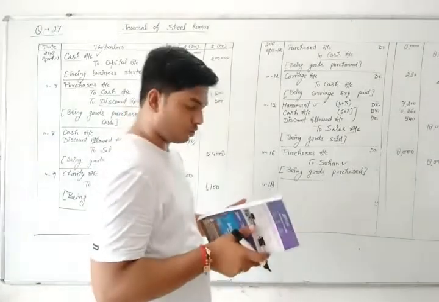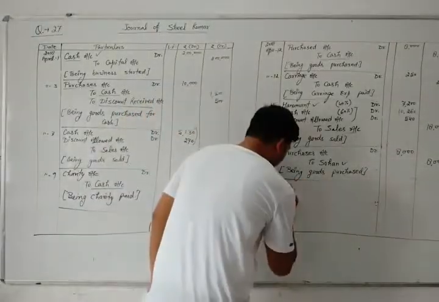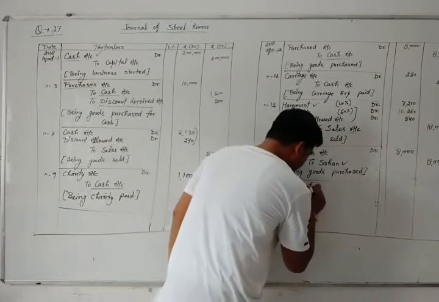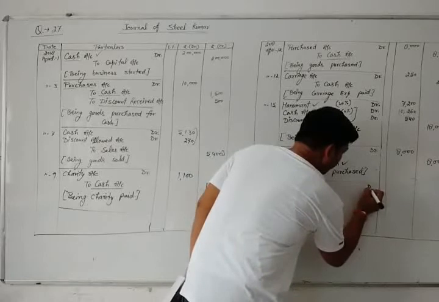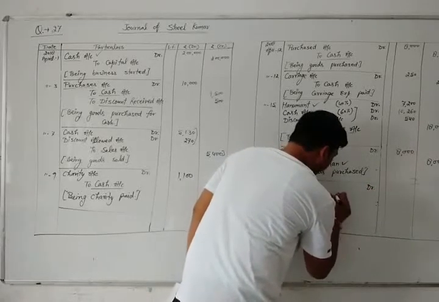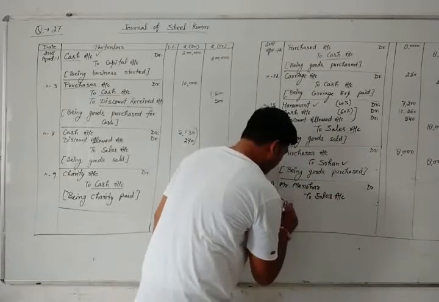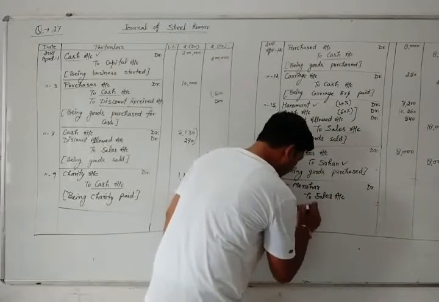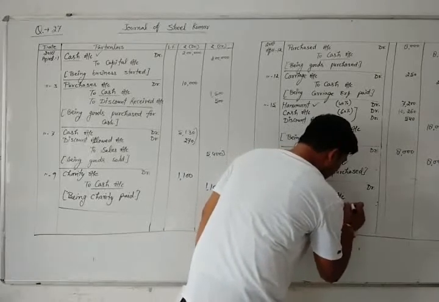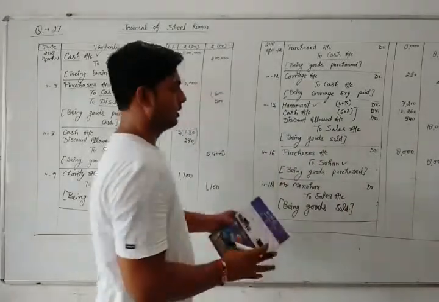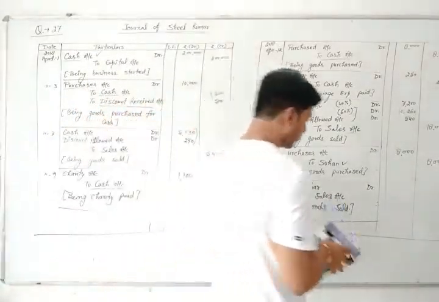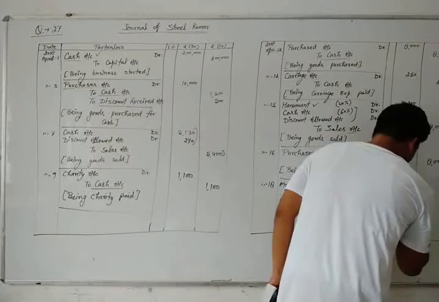We sold goods to Mr. Manohar, so Mr. Manohar is the receiver. So he will be debited. Mr. Manohar debit to sales account, being goods sold. The amount for the 18th date entry is 11,650.